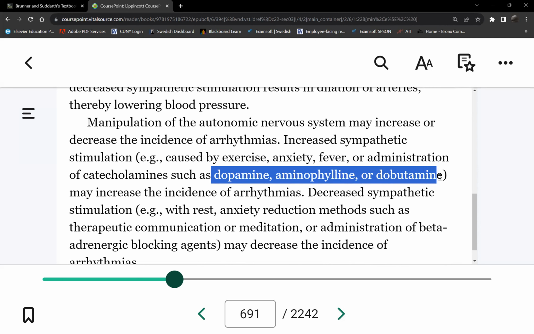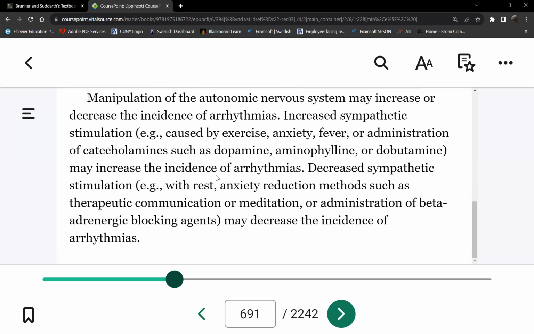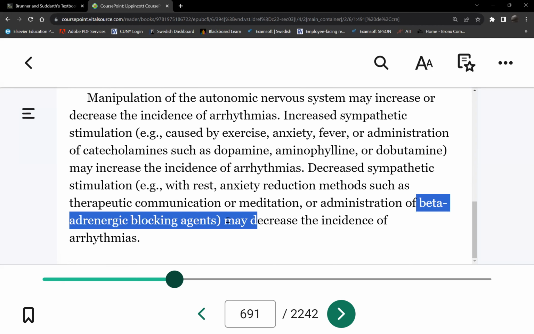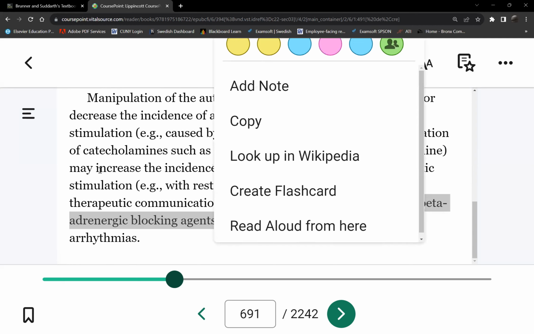Catecholamine medications will have sympathetic effects, or they're also called sympathomimetic agents. Whereas the opposite, the cholinergic effects or cholinergic medications, or parasympathomimetic agents, occur with, let's say, resting or after a meal, or after these medications. All right.